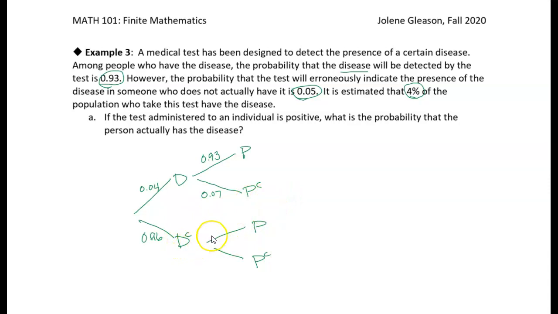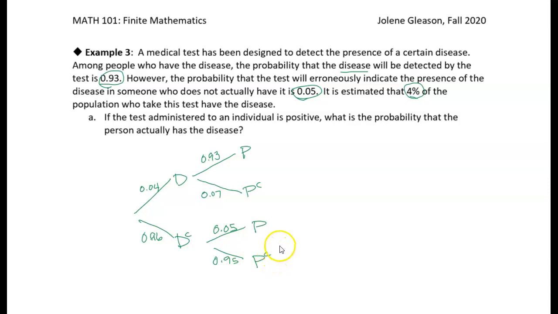If you don't have the disease, remember there are these false positives. So we have a 5% chance that there's going to be a false positive: you don't have the disease, but you tested positive. Which means that there's a 95% chance that if you don't have the disease, the test will say you don't have the disease.